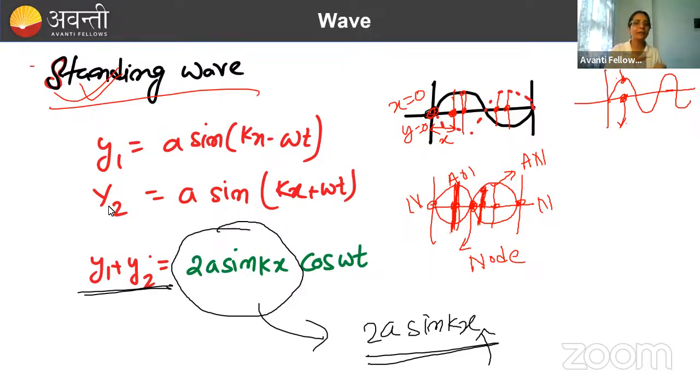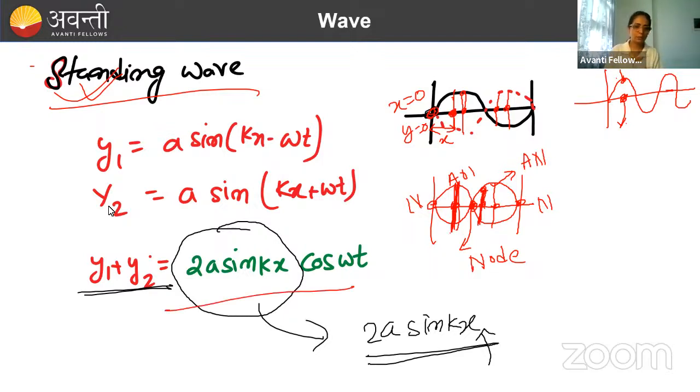So in a standing wave, energy doesn't travel. It remains confined. It remains cased in a space. Different points will have different amplitudes, and some point is called node of zero displacement, antinode of maximum displacement.